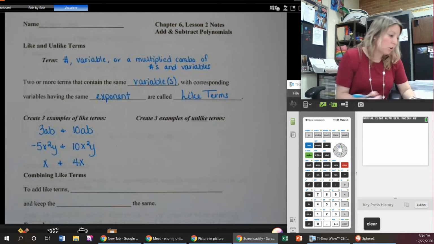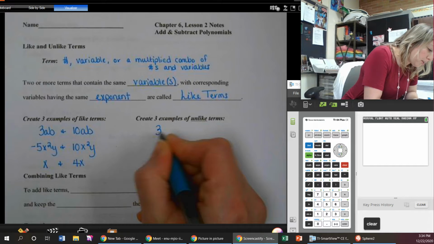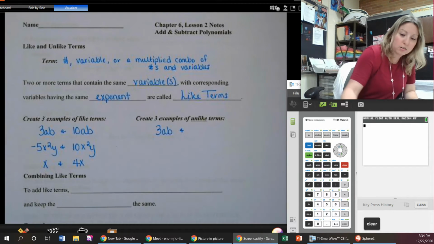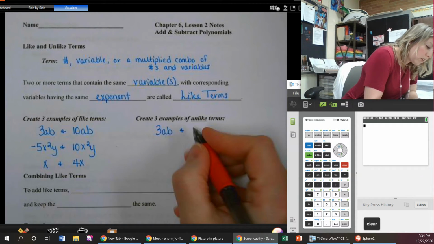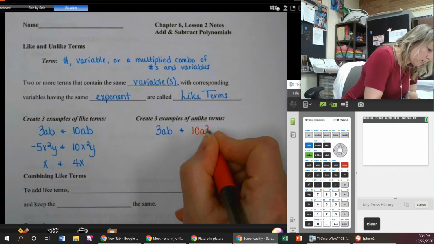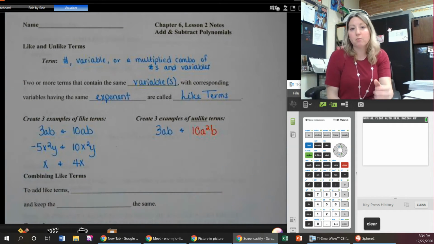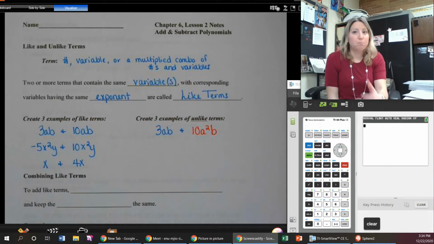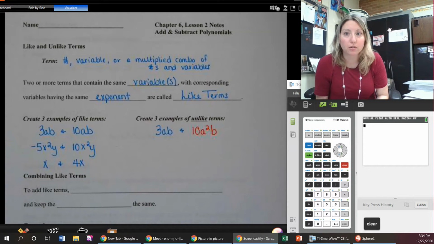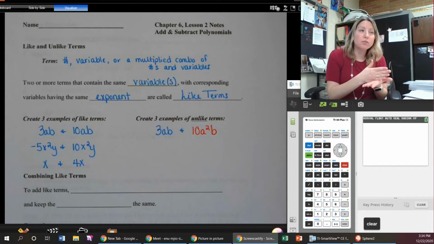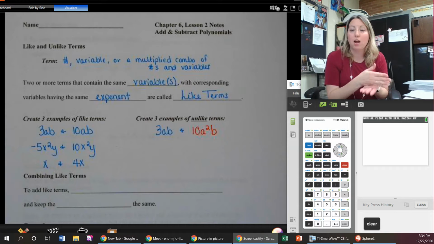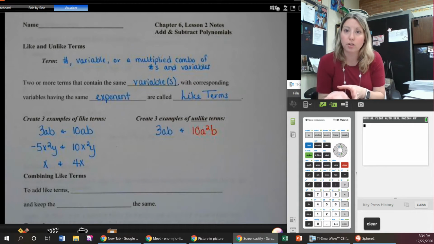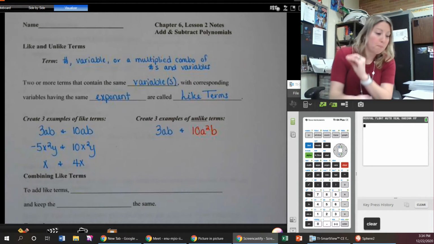Now, unlike terms would be something like 3ab and 10a squared b. Sure, the same variables are present, but not raised to the same powers. They have to be exactly the same variables that have exactly the same exponents on them to be considered like terms. Okay?